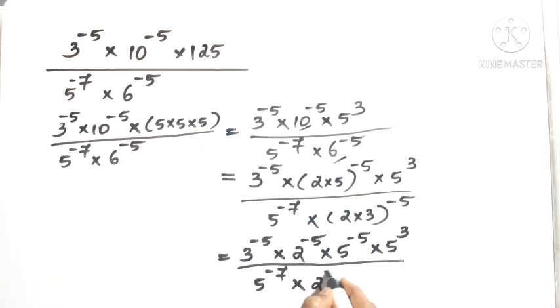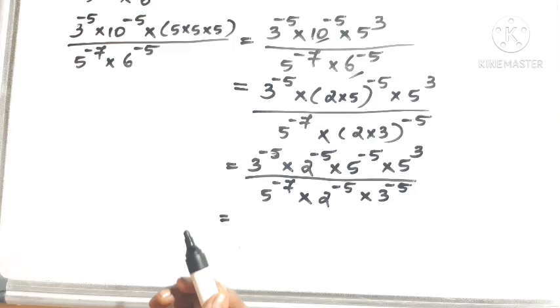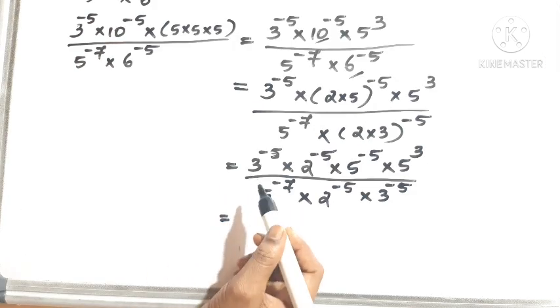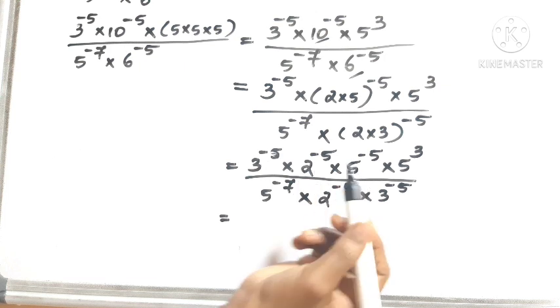So 2 raised to minus 5 into 3 raised to minus 5. We can see here different bases 3, 2, 5, right?